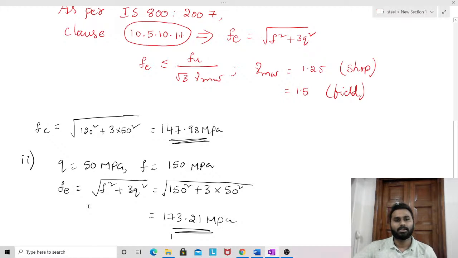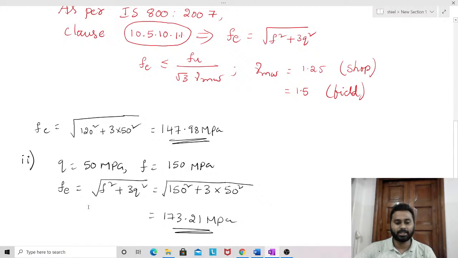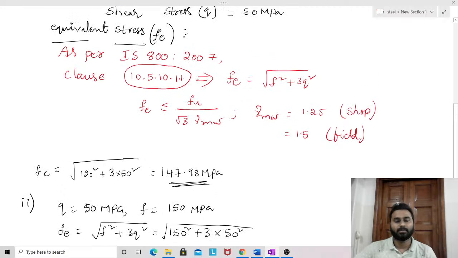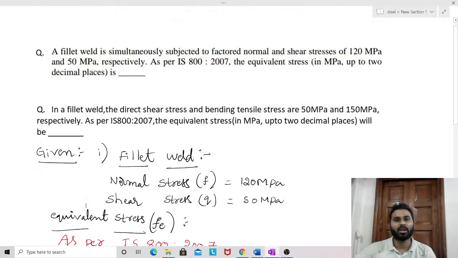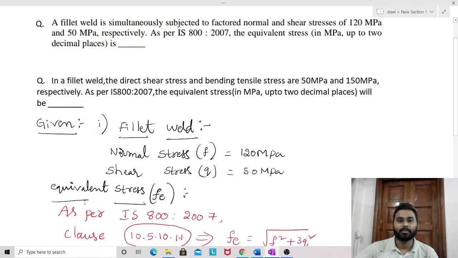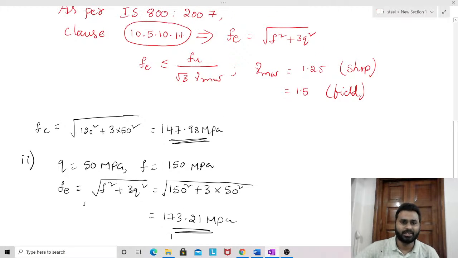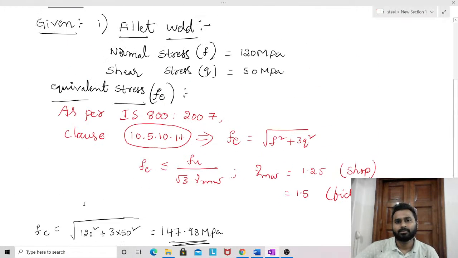So this is the solution for these two questions asked in the 2018 GATE. Very easy. But as I said, this particular type of model is gaining popularity in recent times.